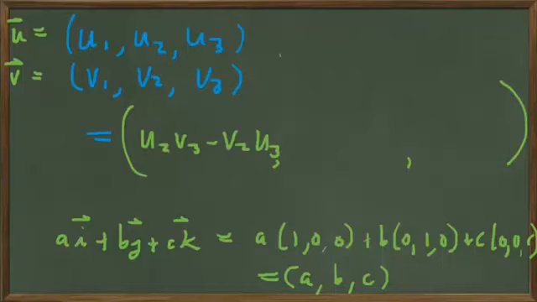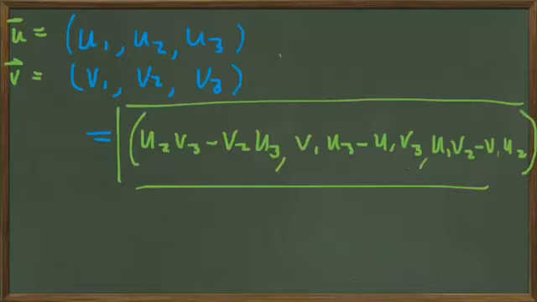The second component is this product minus this product, but remember there's a minus sign in front, so we get this. And then the last component is this product minus this product, so we get this result here.